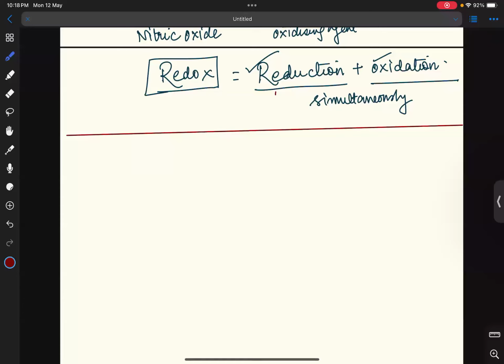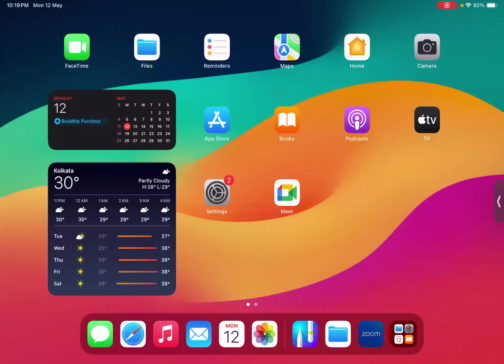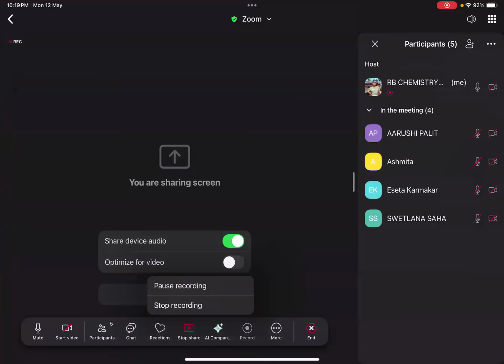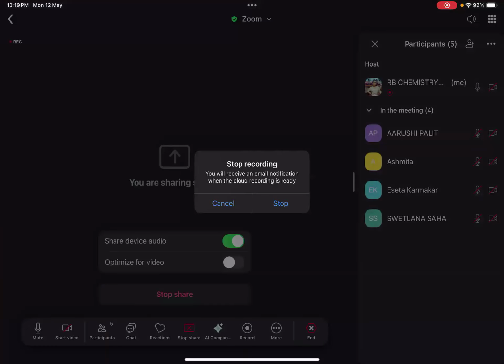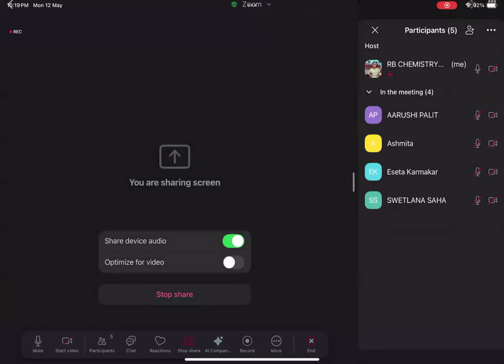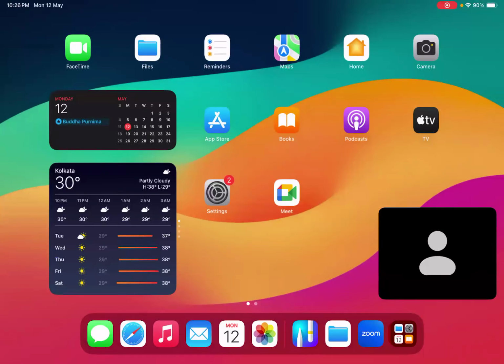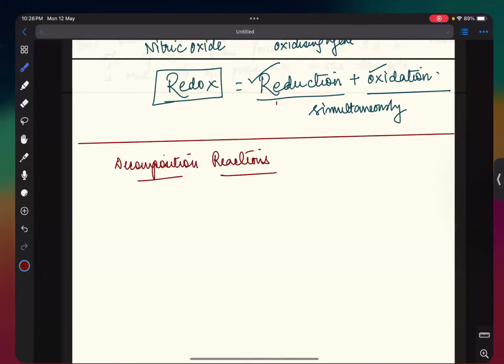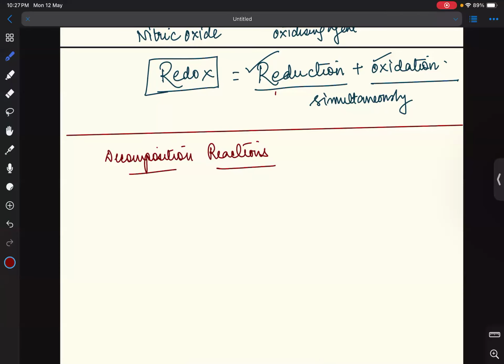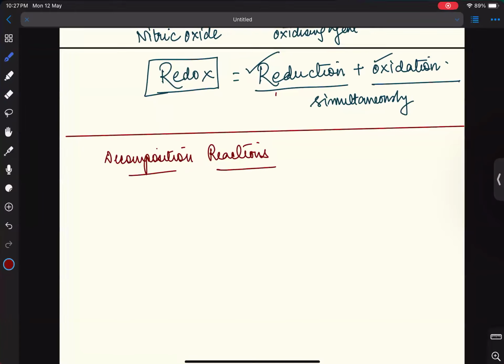Now we will start off with decomposition reactions. Decomposition reaction. First, I'll tell you the definition.